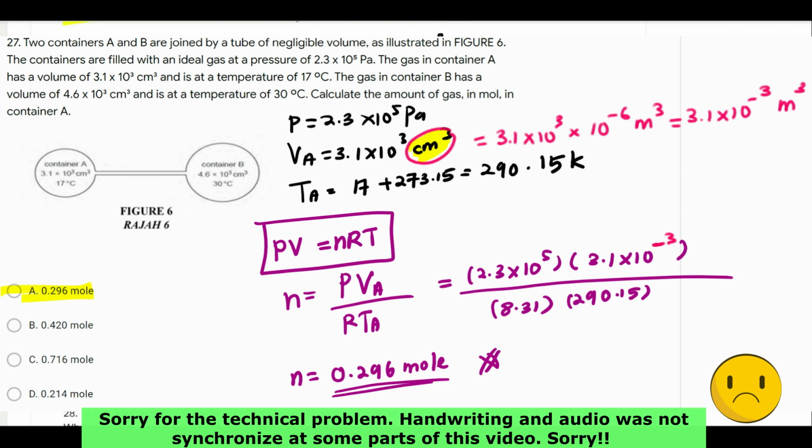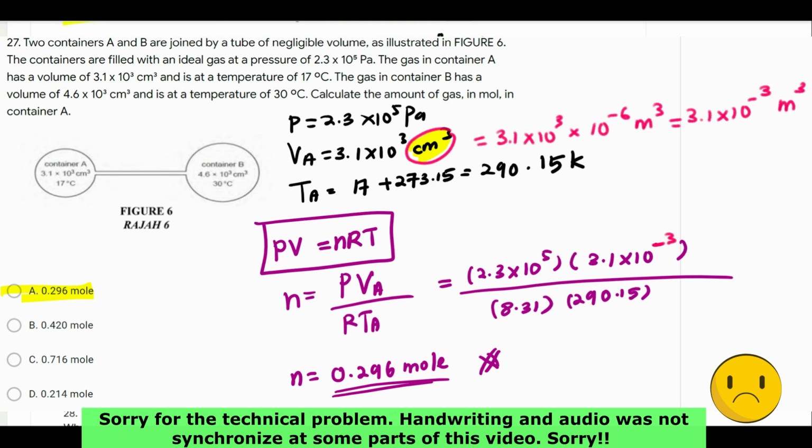Calculate the amount of gas in mole in container A. Soalan minta kita kira the number of moles in container A. So guna formula PV is equal to nRT. Maknanya B tu tak pakai lah. So n is equal to pressure times the volume in A over temperature in A. So we can just substitute all the values.